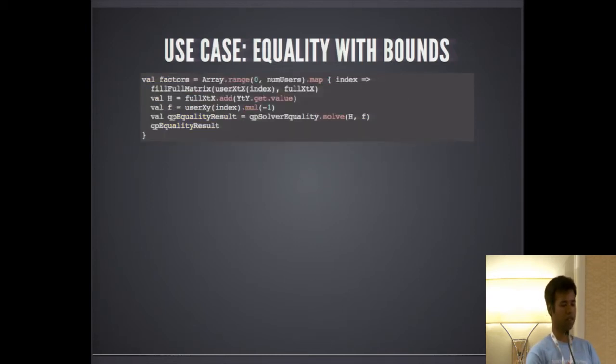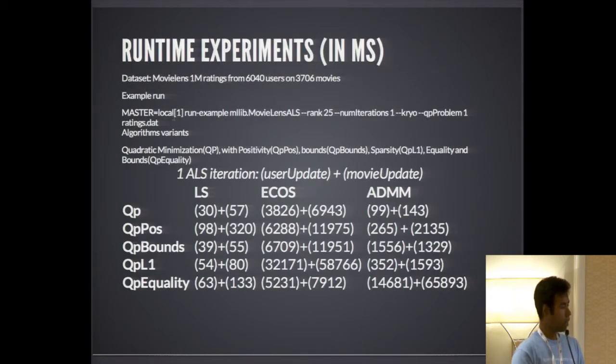So you put this code into Spark, and then you just put the gram matrix part and the linear objective part, and you solve it. Now, in this slide, finally, I want to show you some of the runtime experiments we did.